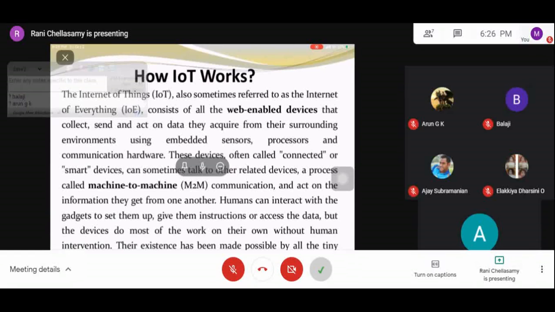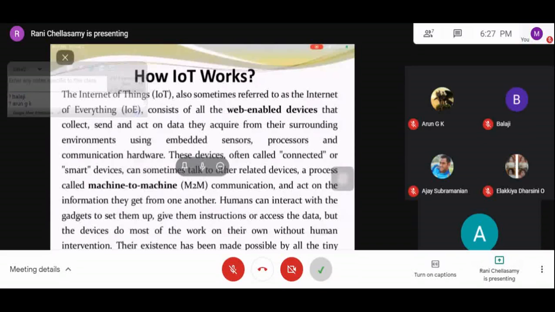Their existence has been made possible by all the tiny mobile components that are available these days. We can implement IoT applications in your home, business, or any organization like that.